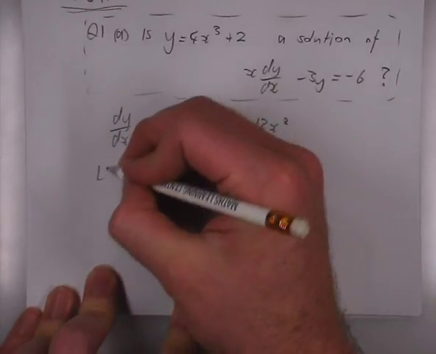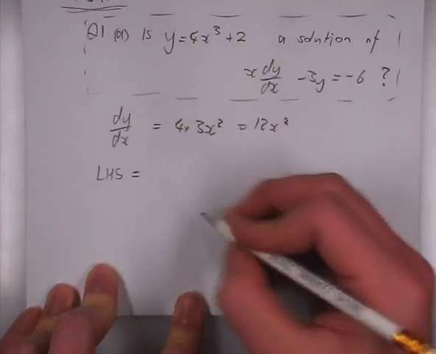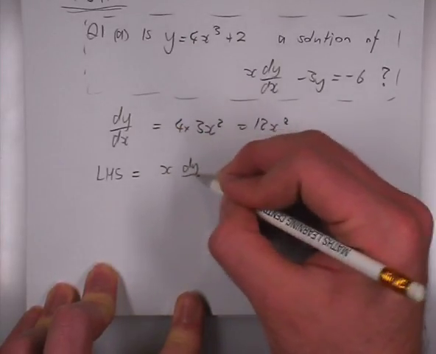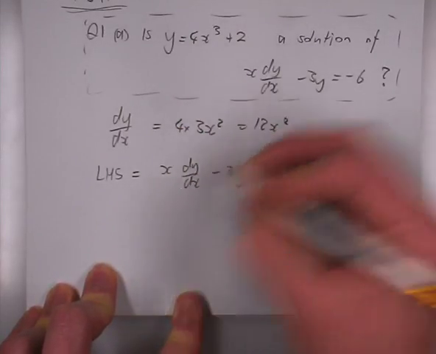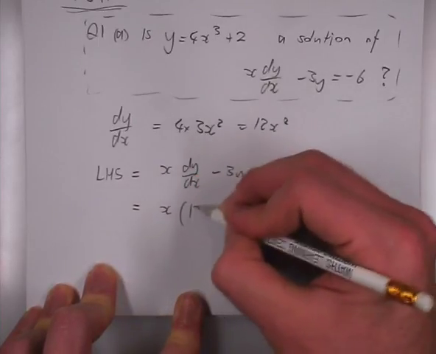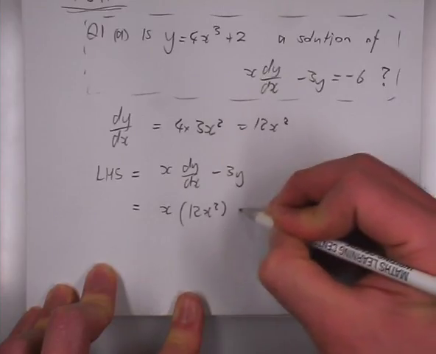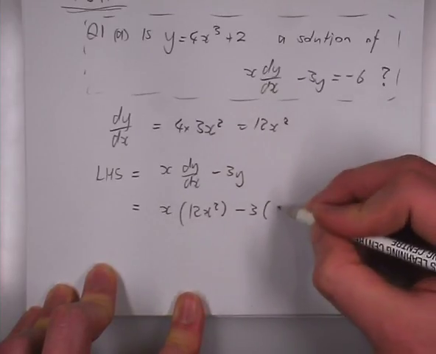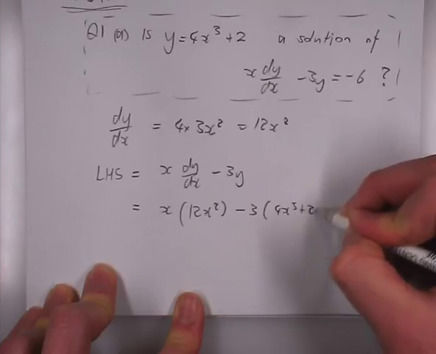So we'll say that the left-hand side of my differential equation is x dy on dx minus 3y, which is x, and dy on dx is 12x squared, and y is 4x cubed plus 2.